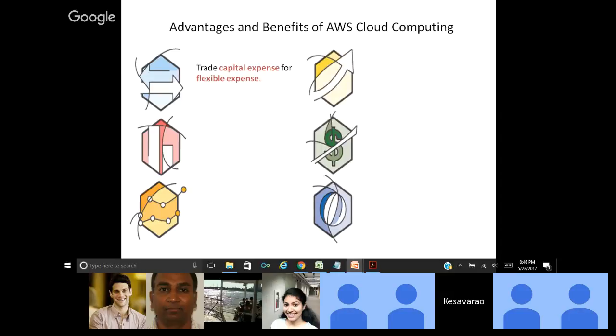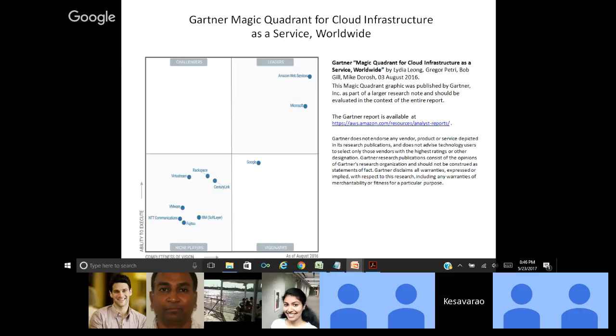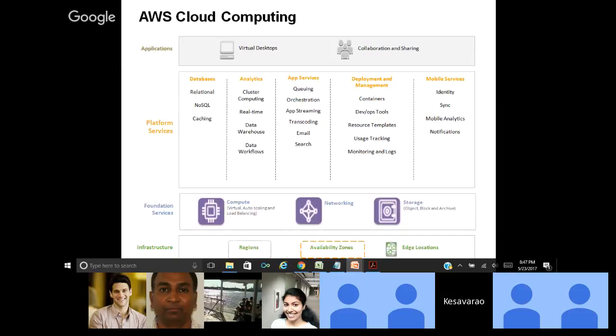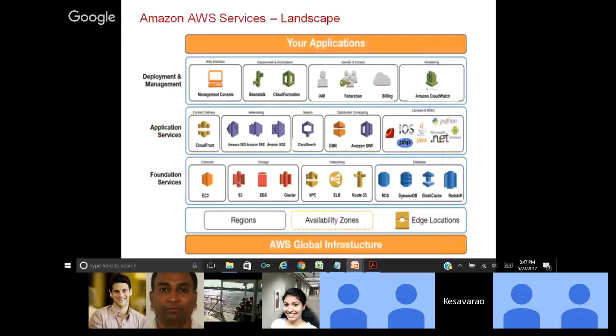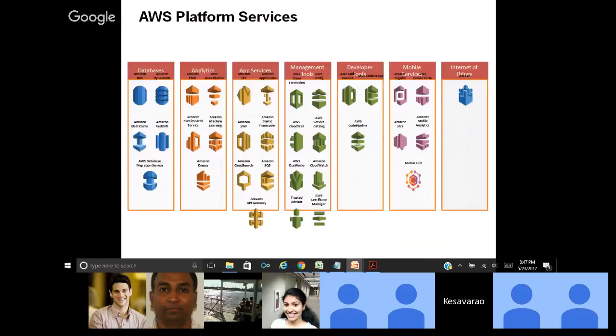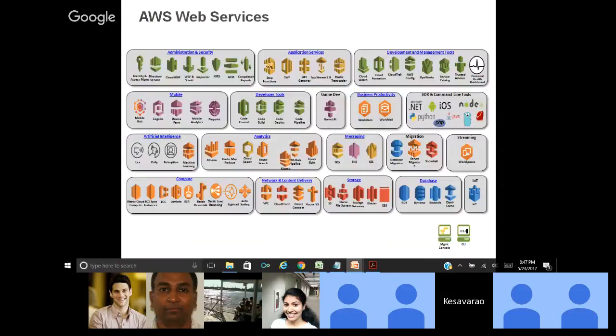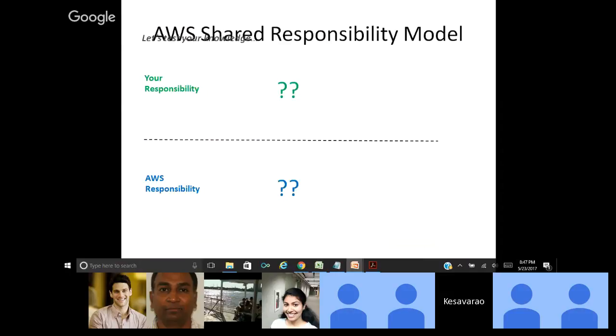Advantages and benefits of AWS cloud computing, and the foundation infrastructure, foundation services, and platform services and applications. These are general terminology, and the landscape of overall AWS services. There are so many services out there, but we tried to show them in various categories, and discussed some of these basic things that we will be using.